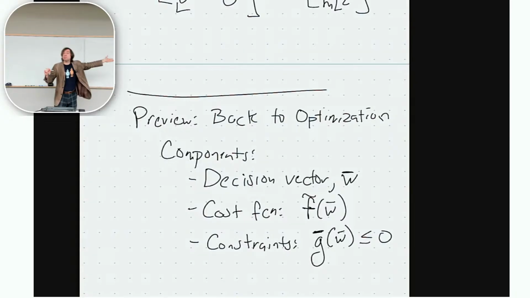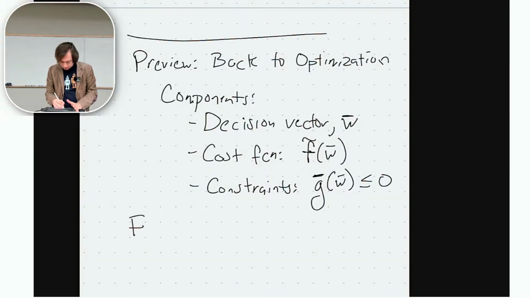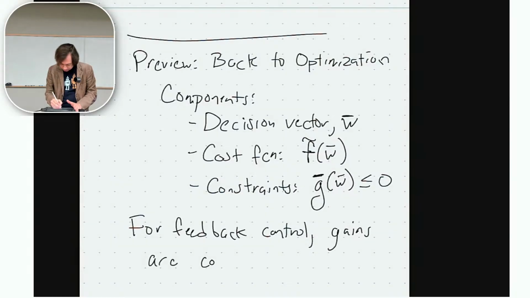That's a decision that you can make about so many controllers, right? So, say for feedback control, gains are common decisions.